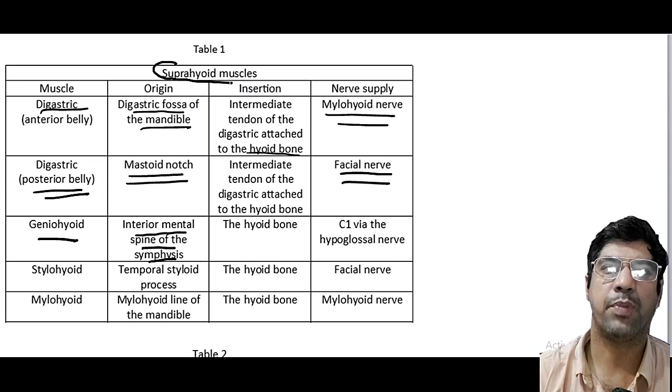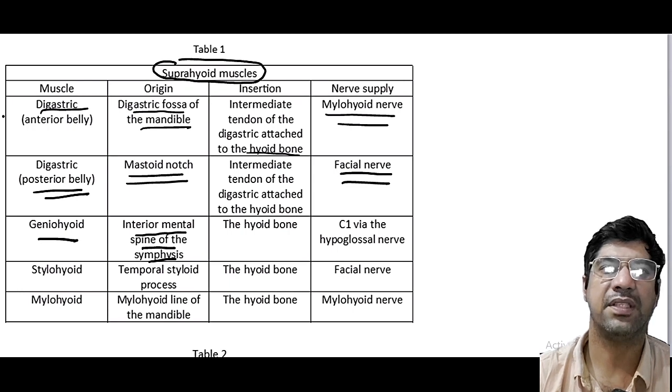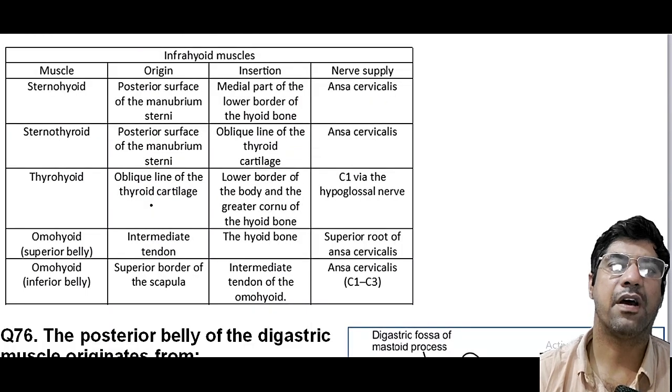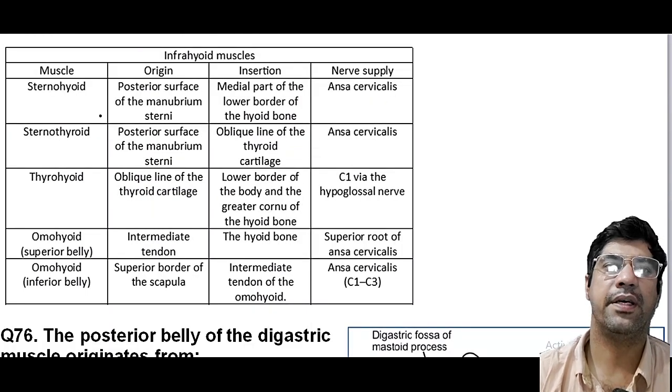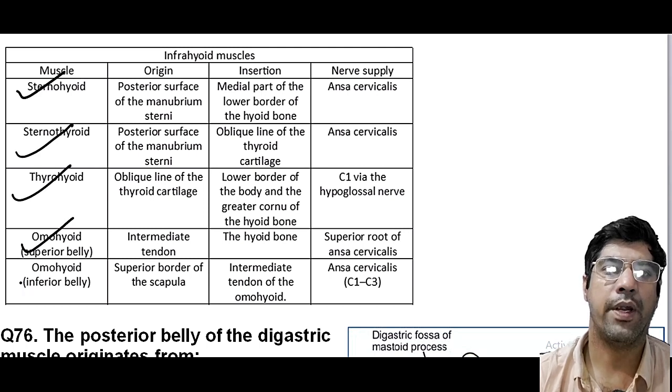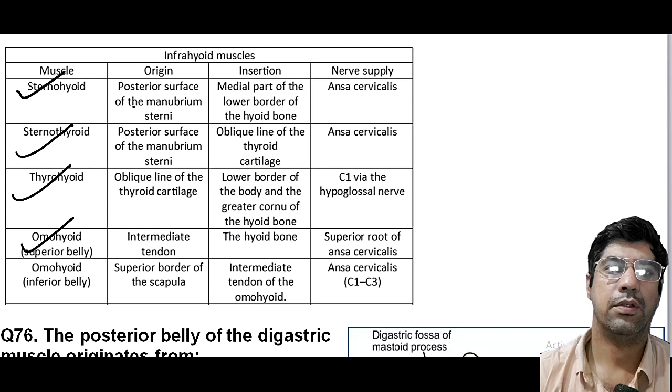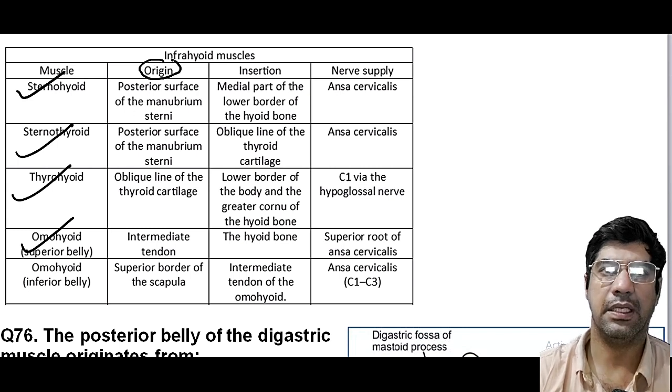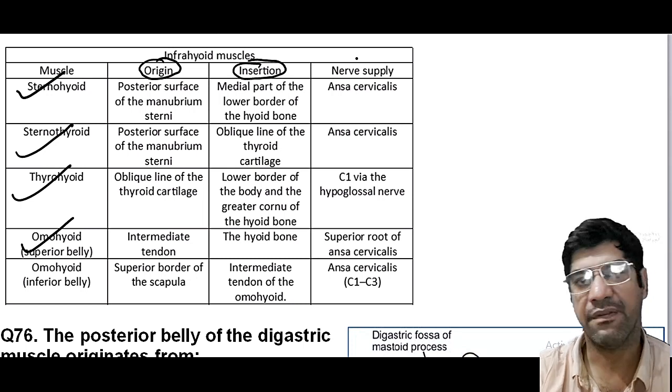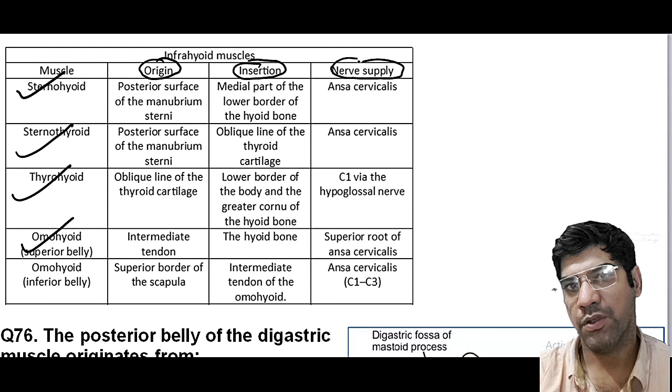So remember the suprahyoid muscles. Which are the suprahyoid muscles? Digastric, geniohyoid, stylohyoid, mylohyoid. Whereas the infrahyoid muscles are the sternohyoid, sternothyroid, thyrohyoid, omohyoid. Many times the origin, insertion and nerve supply are the examiner's favorite questions.